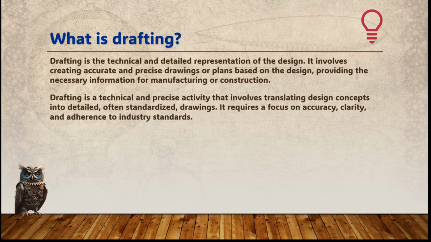After design, when you want to manufacture the component, you prepare a technical representation of your component. It's called drafting. So now do you understand the difference between design and drafting? Yes.